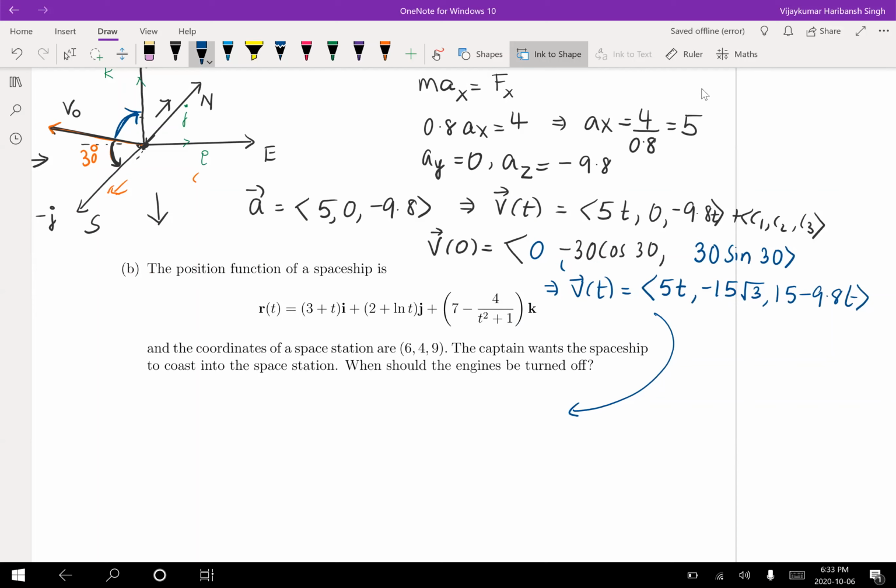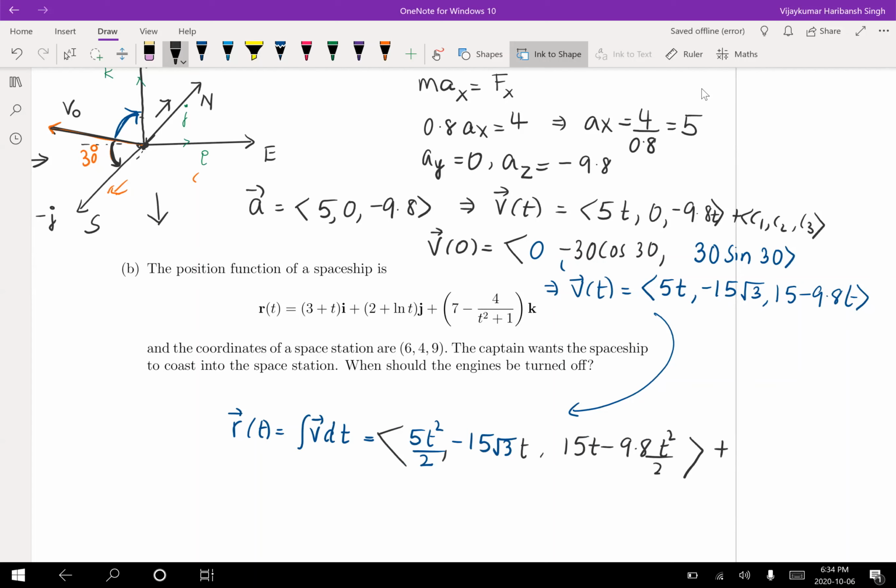So therefore, what's r of t? R of t is the integration of v of t. That is 5t squared by 2, minus 15 root 3 t, 15t minus 9.8 t squared by 2, plus constants alpha 1, alpha 2, alpha 3.